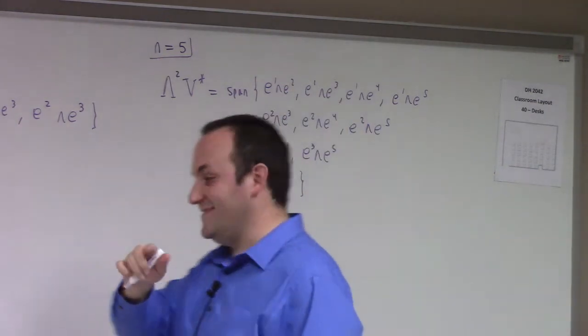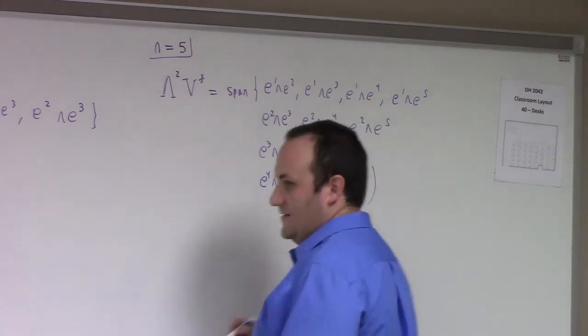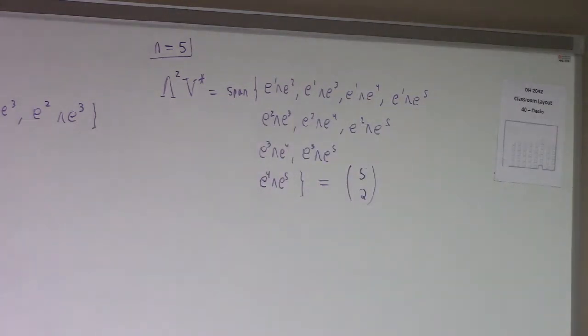Say again? 5 choose 2, yeah. In fact, that is generally the case, that this is n choose p. It's the number of ways you can distinctly choose p things from n things.